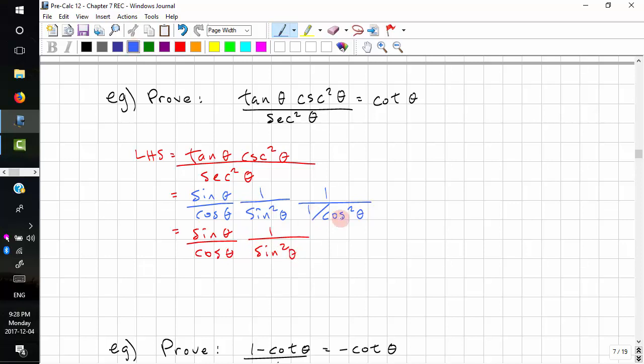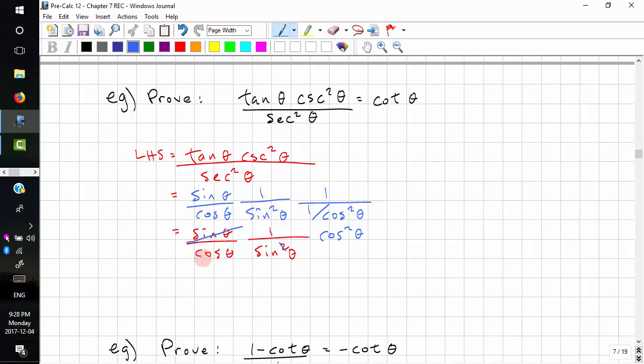And we're dividing by a fraction, so we're going to multiply by the reciprocal. So this is cos squared theta over 1, but we don't write the 1, so cos squared theta. Now we can go ahead and cancel. We're going to cancel one of the sine thetas, so we're going to cancel 1 from the exponent.